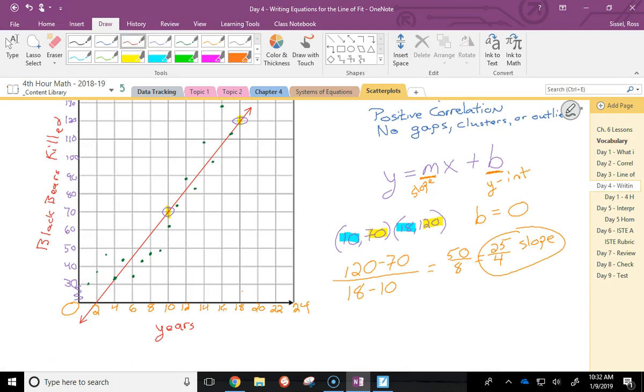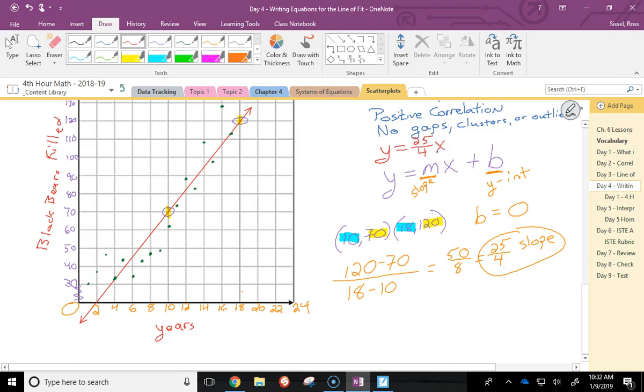So my last thing I have to do is now write my equation. I'm going to write it as y equals. What was the slope you end up finding through your 2 points? Mine was 25 over 4. x.